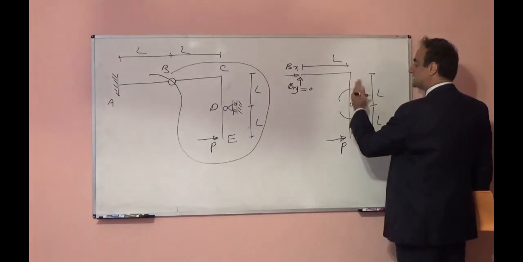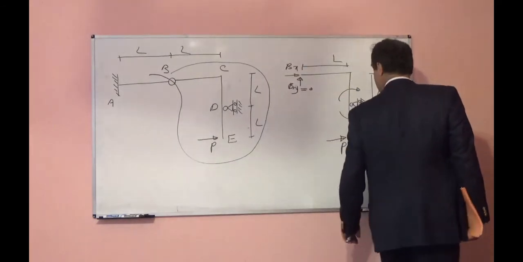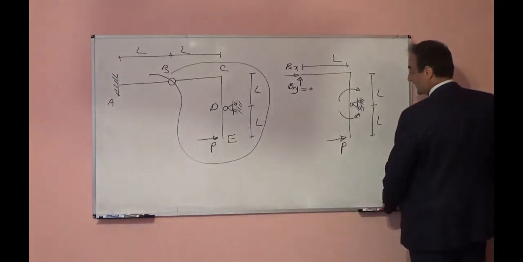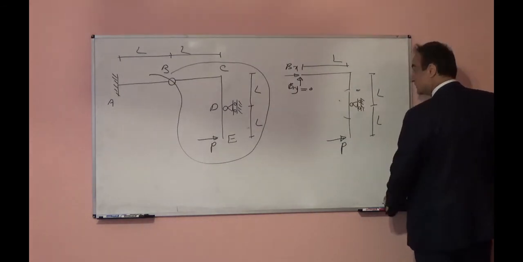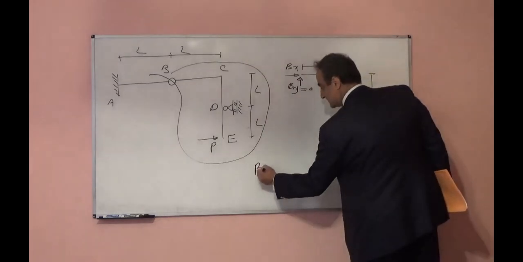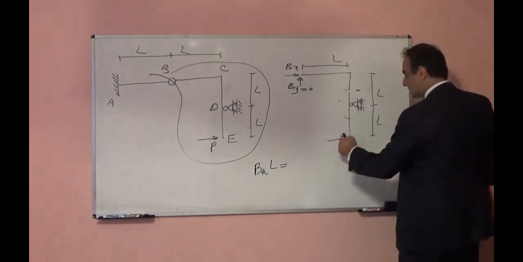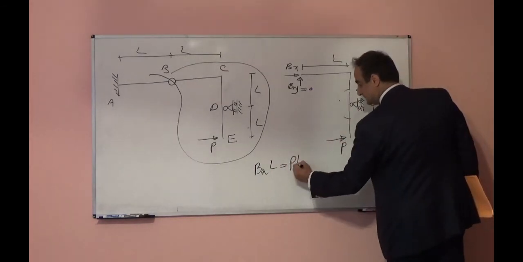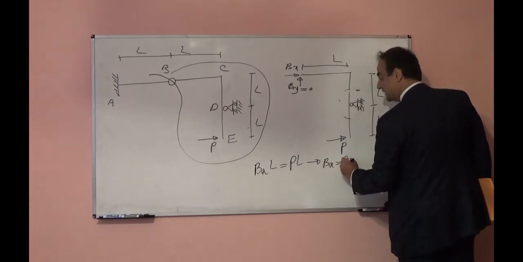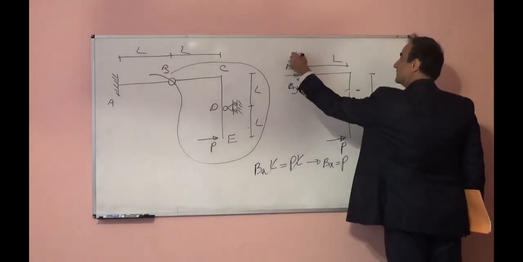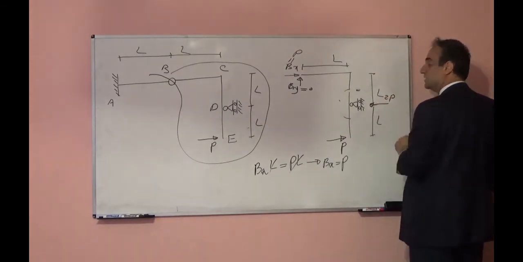This part is like a seesaw system. It should not rotate. In order to satisfy equilibrium, Bx times L should be equal to P times L. From here, Bx will be equal to P, and this reaction will be 2P.